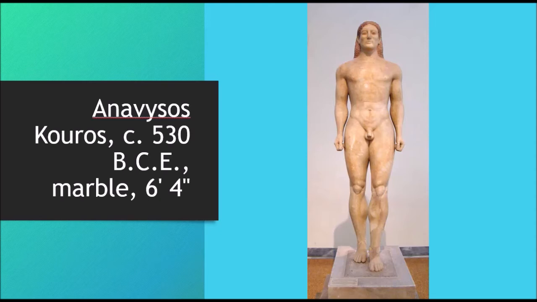What we have is such a leap from what we saw earlier. We have a powerful, athletic figure with rounded shoulders, and this is about 530 BCE. It really shows this increasing interest of artists, and those commissioning them, in more lifelike renderings of the human figure.